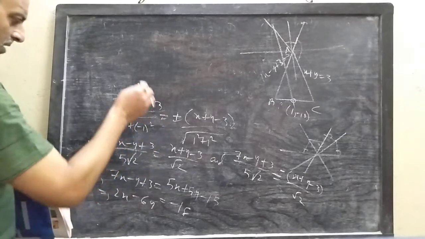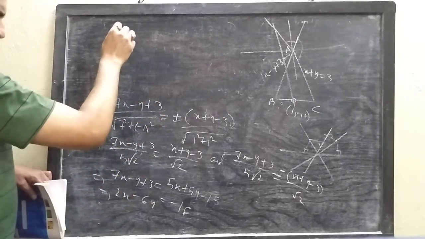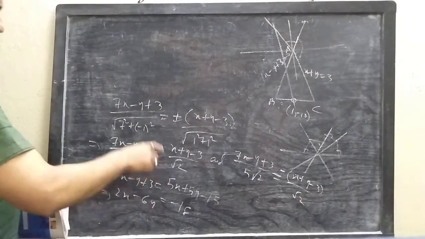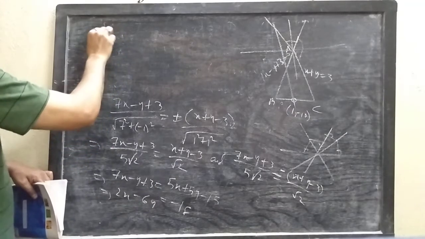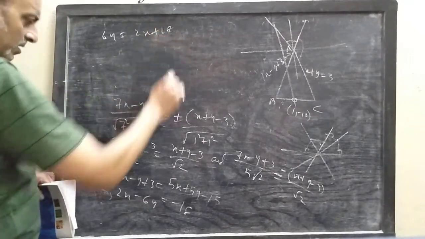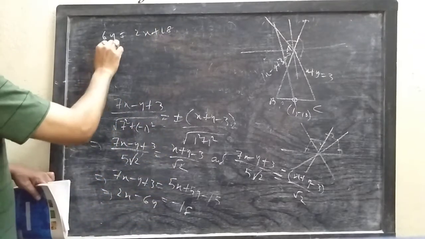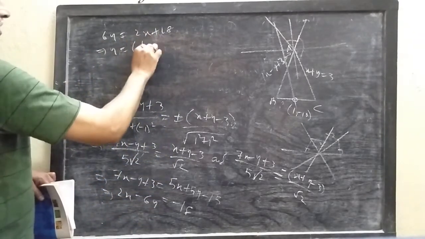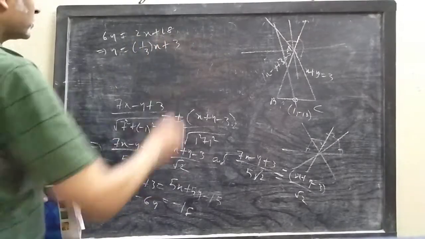Dividing by 2, let us just make it slope intercept form. So we get 6y equals 2x plus 18. So y equals 1/3 x plus 3.